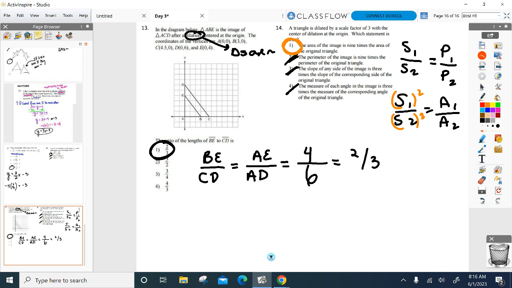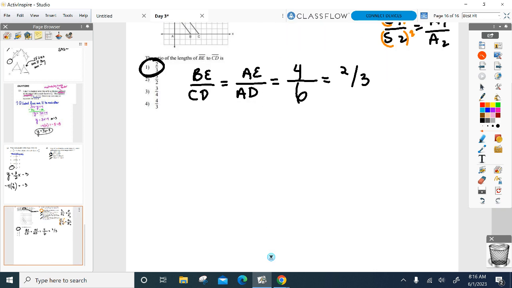Make a note at the bottom of your page because I didn't put any of these in, but you're going to see some of these tonight. Remember we talked about if it's centered at the origin, you can multiply. Well, it might be centered somewhere else. And I don't know if we remember this or not.